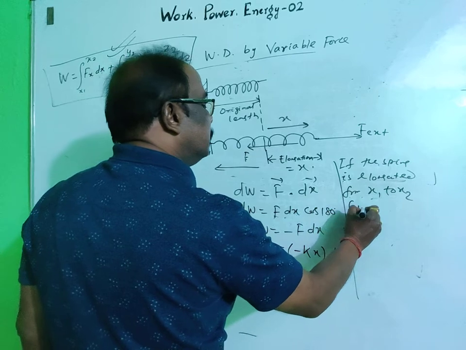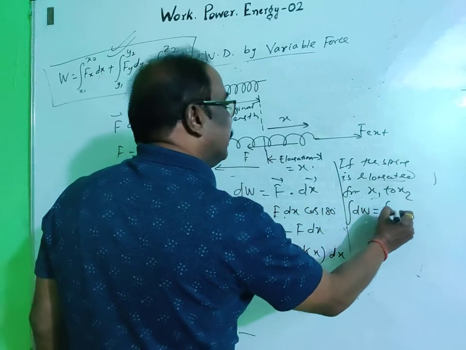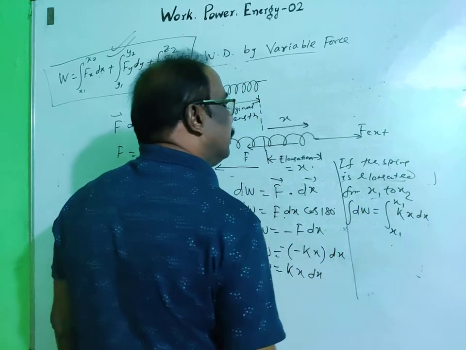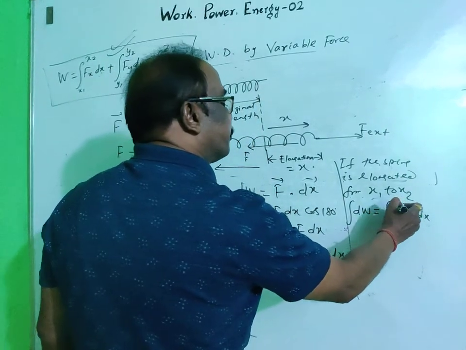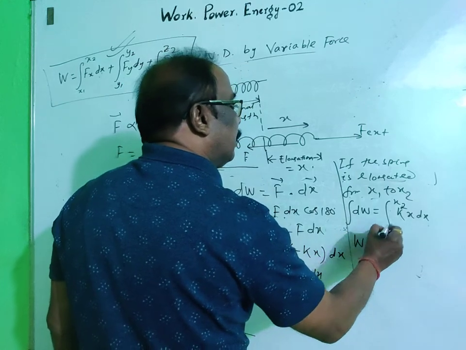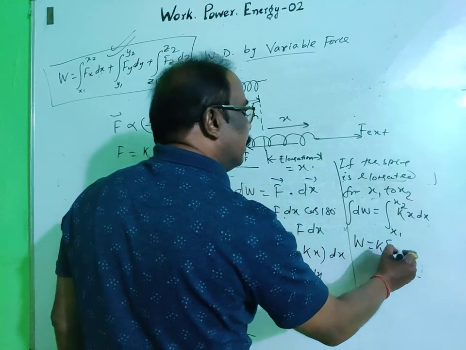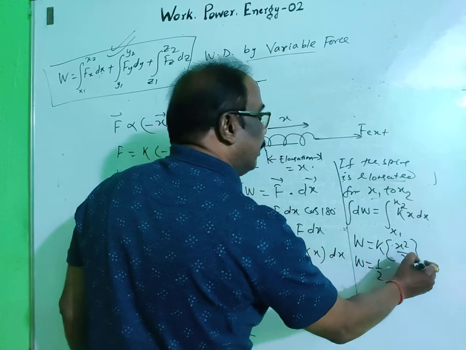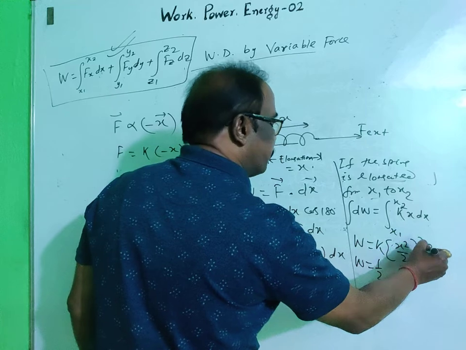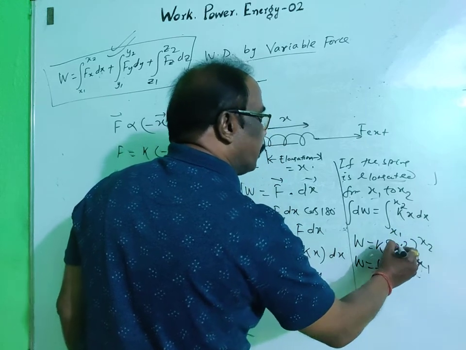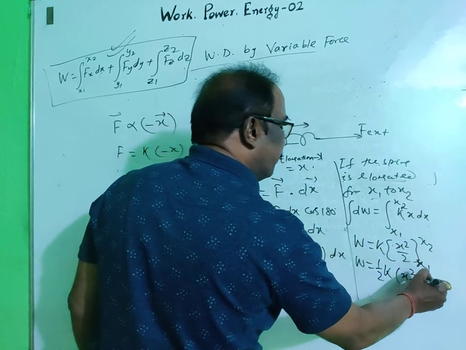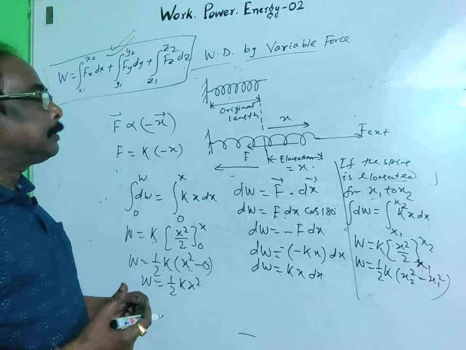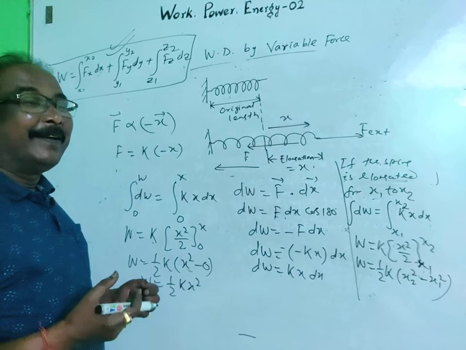Integration of dW is equal to integration of kx dx. The limit varies from initial to final, x1 to x2. Then the work done is W, k is constant, bring it outside, x square by 2. Then work is equal to half k, in place of x put the upper limit x2 square minus x1 square. In this way you can calculate the work done in elongating a spring.